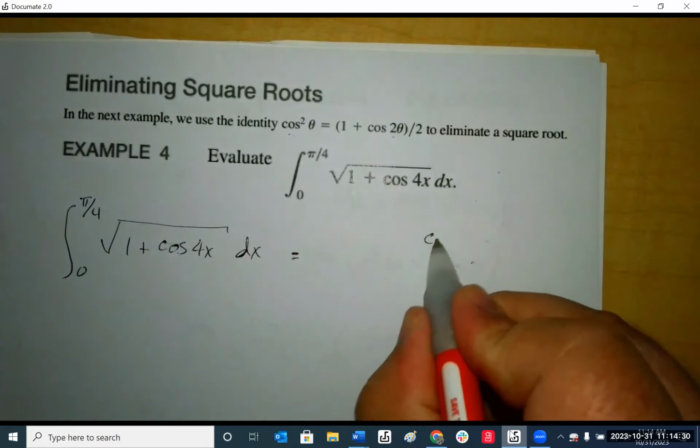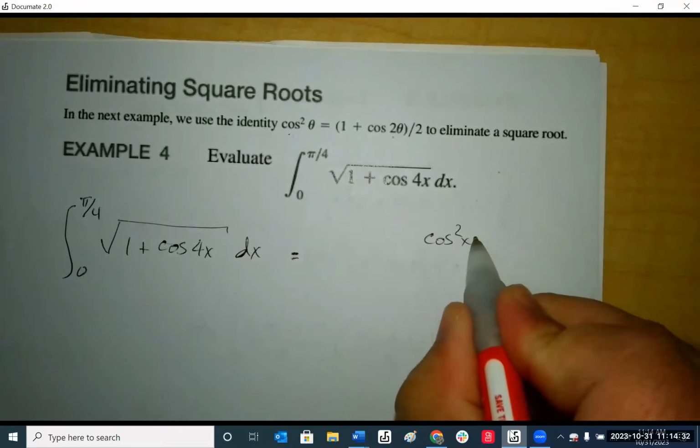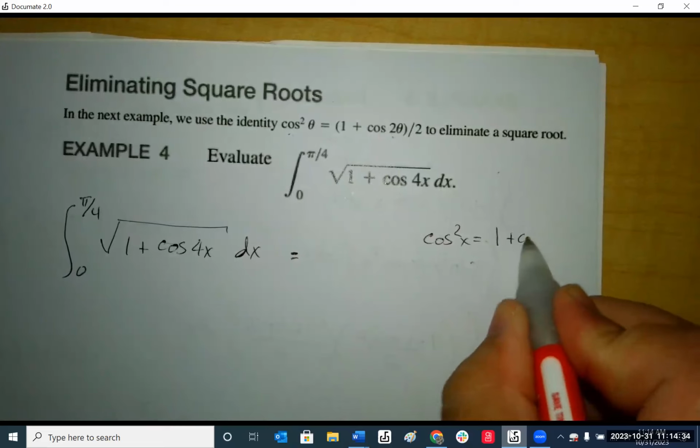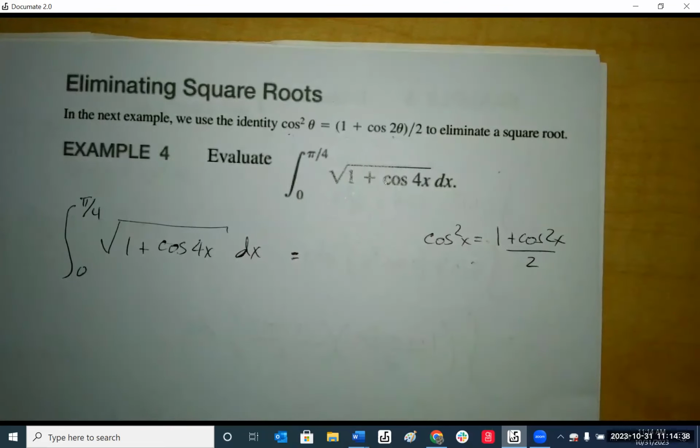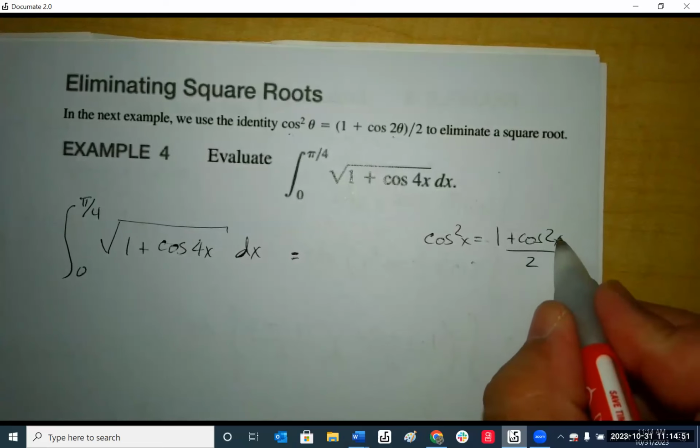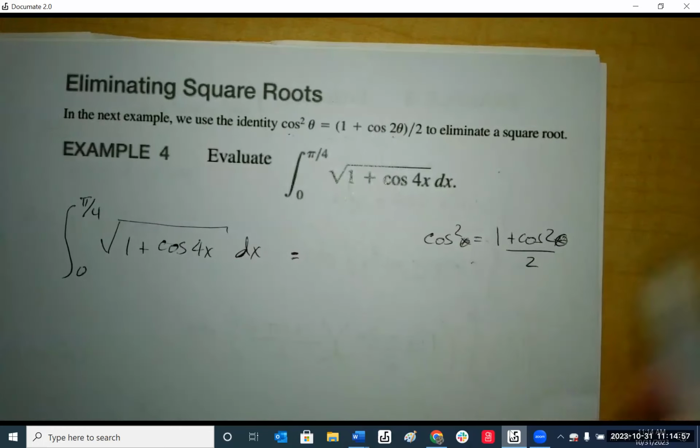Remember the identity: cosine squared x is equal to 1 plus cosine 2x over 2. Now we're going to look at theta.